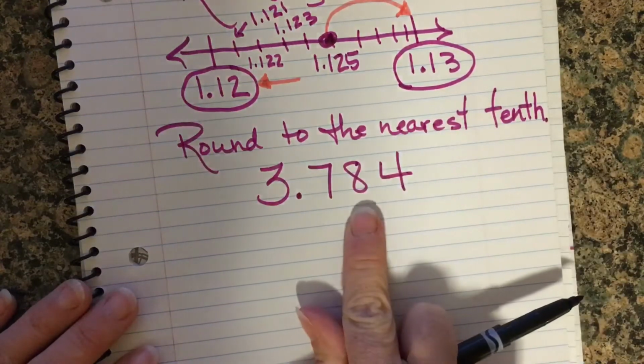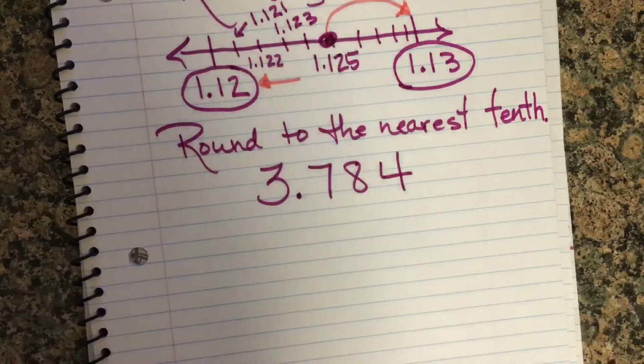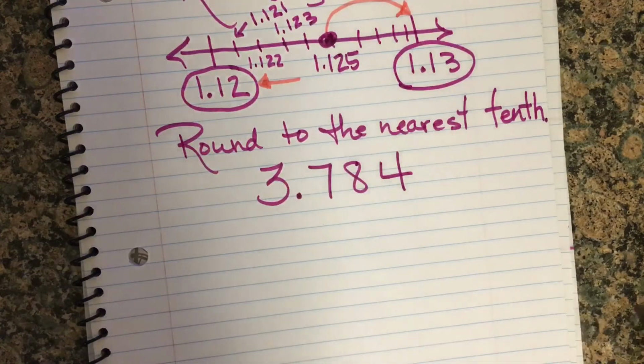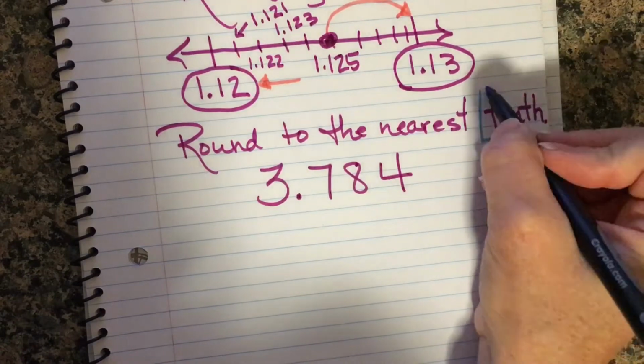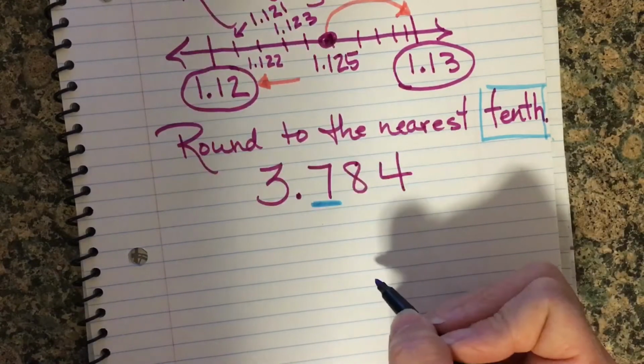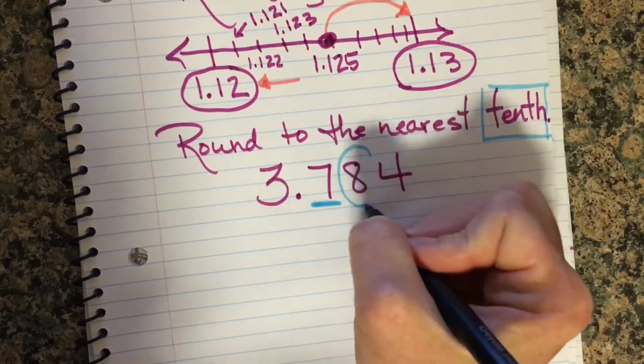It could be out to the hundredths or the thousandths. You just have to focus on what you're rounding it to. So if I'm rounding to the nearest tenth, I'm going to underline the tenths place and circle the digit to the right.